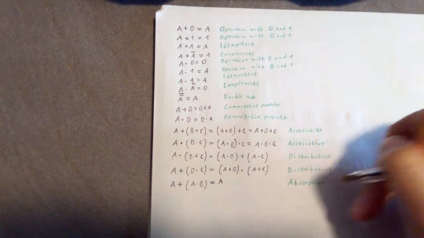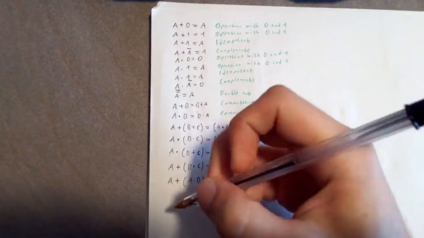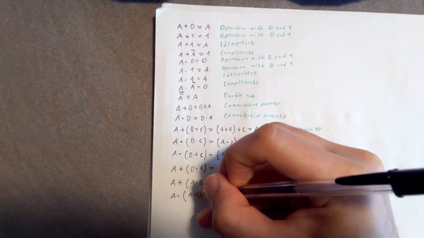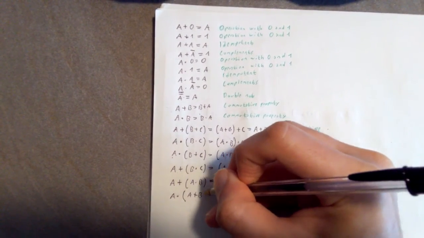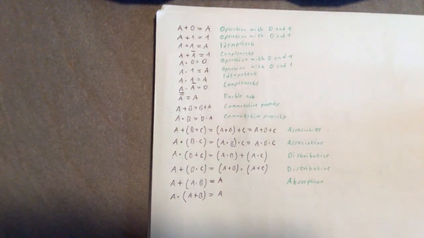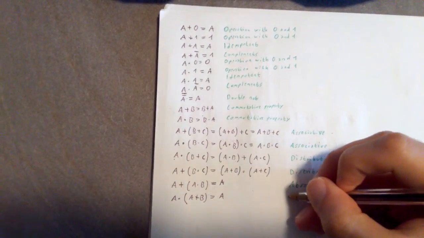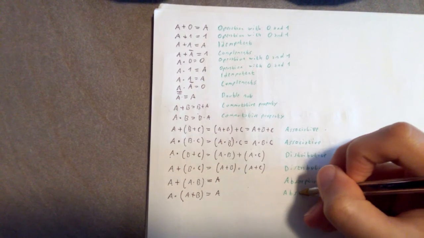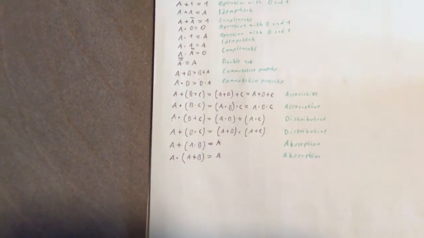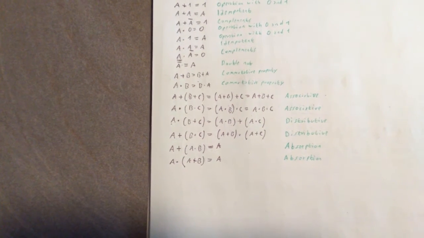And also that if you have a times a plus b, this is also just and only equal to a. And again, it's the absorption rule. Well, property more than a rule.